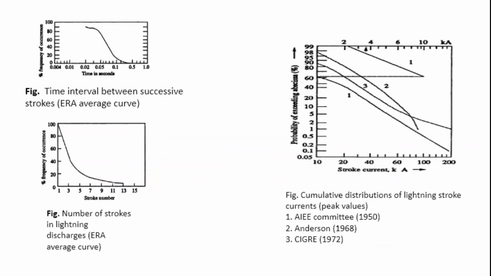From this we can see the time interval between successive strokes. Initially the frequency of occurrence is high, then it starts decreasing. It may have some initial strokes, two strokes at the initial point.